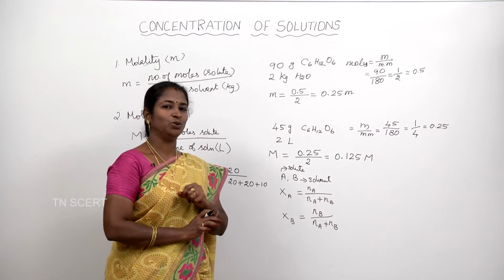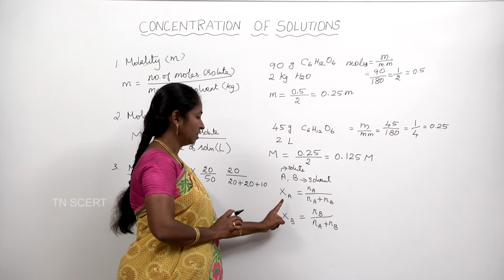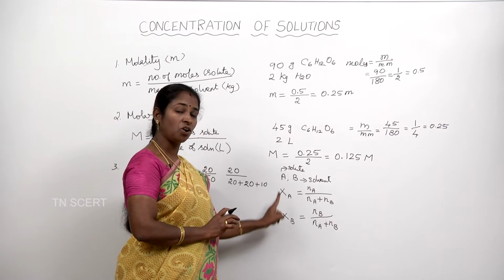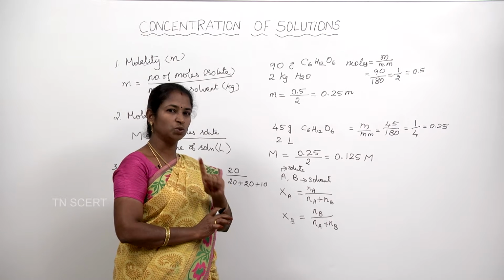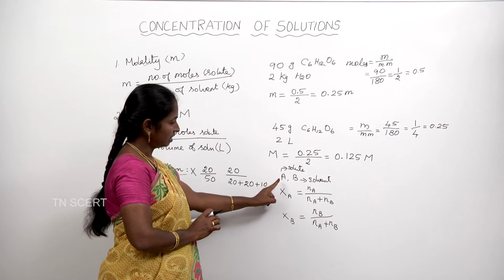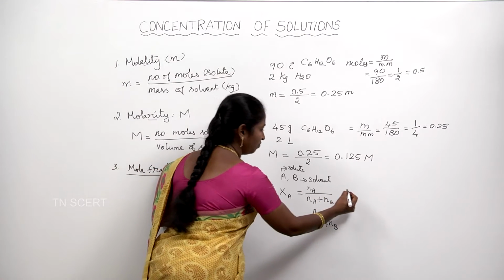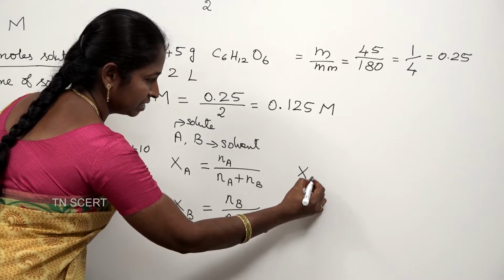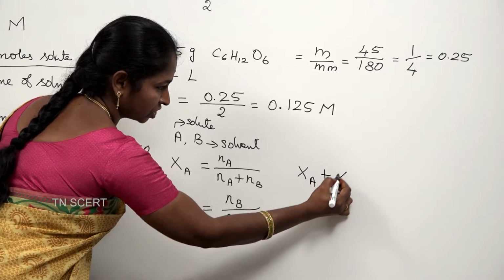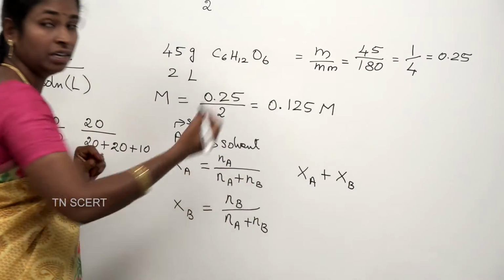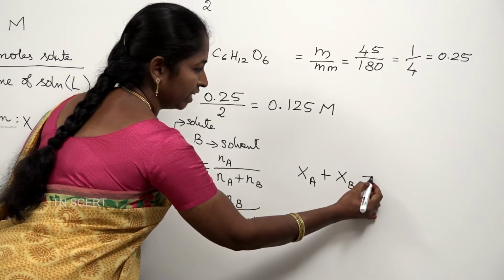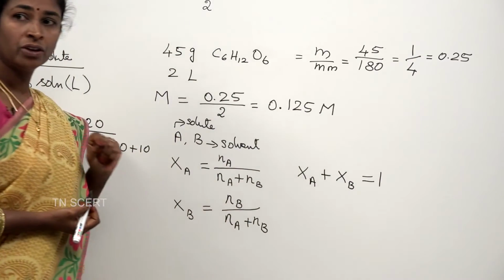It is interesting to note that the sum of the mole fractions of all the components will always be equal to 1. Here we have two components A and B. If you add the mole fraction of A, XA, with the mole fraction of B, XB, you will get the answer of 1. It is always equal to 1.